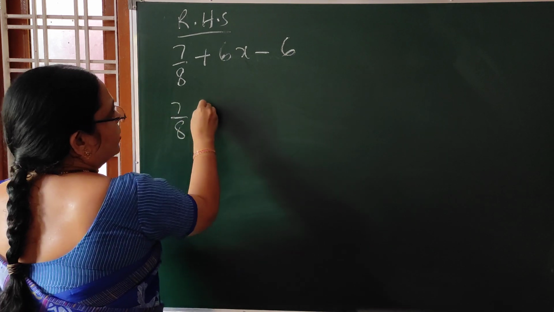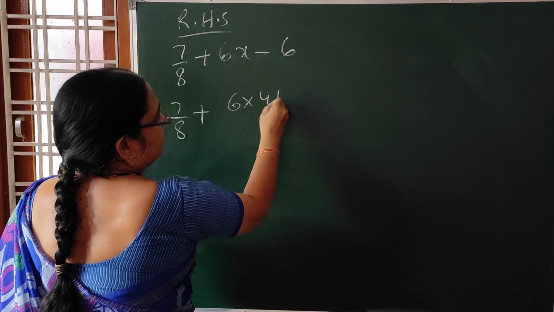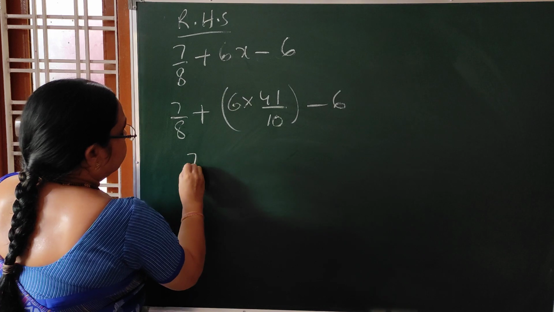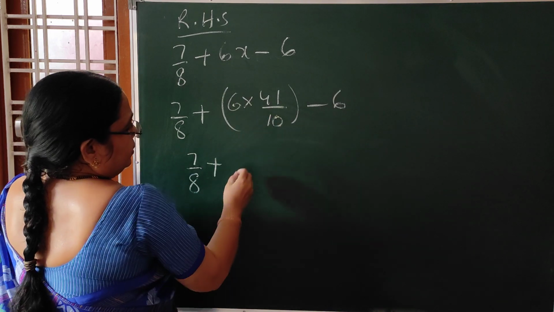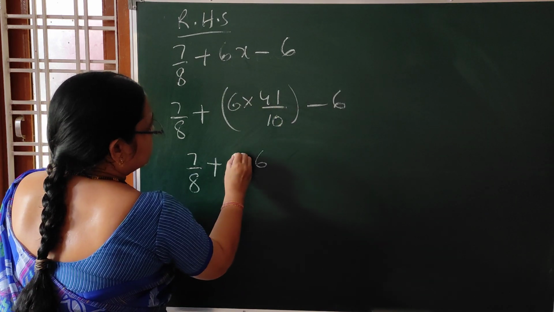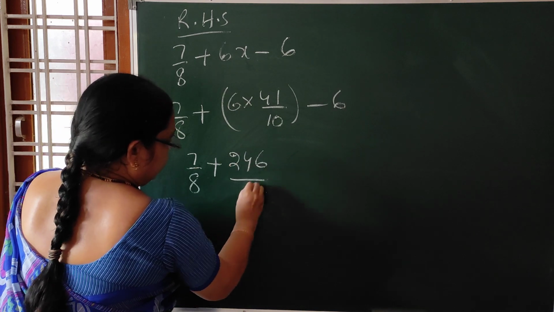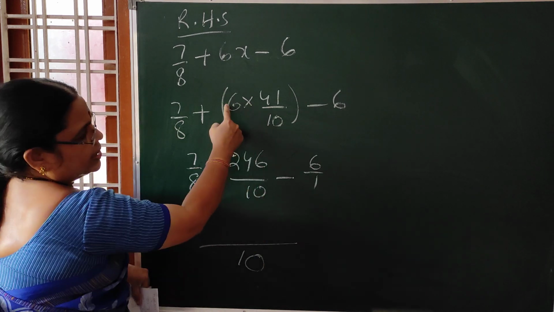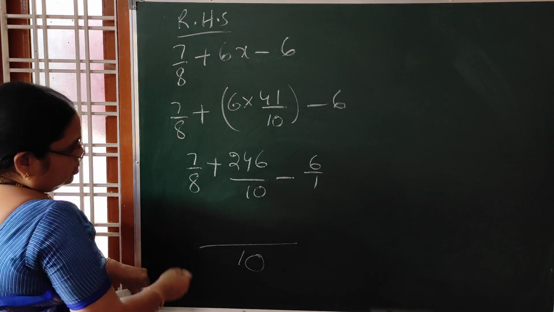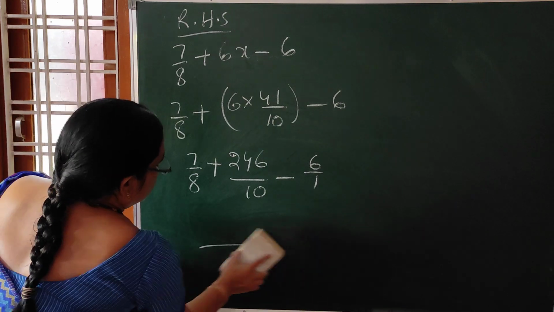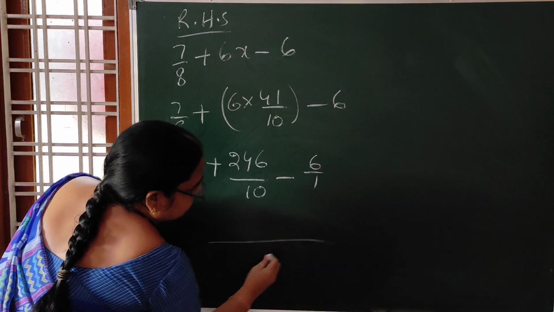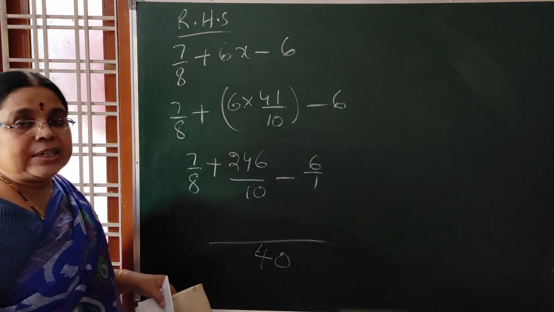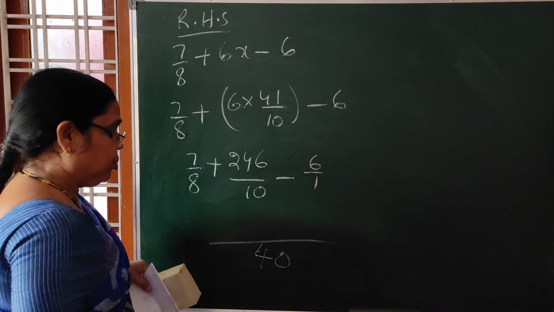So 7 by 8 plus 6 into 41 by 10 minus 6. 7 by 8 plus, 6 1s are 6, 6 4s are 24, by 10 minus 6 by 1. 10 is LCM, or you can simplify here also. How 10 is LCM? 10 8s are 40. LCM of 10 and 8 you can do in your own way.